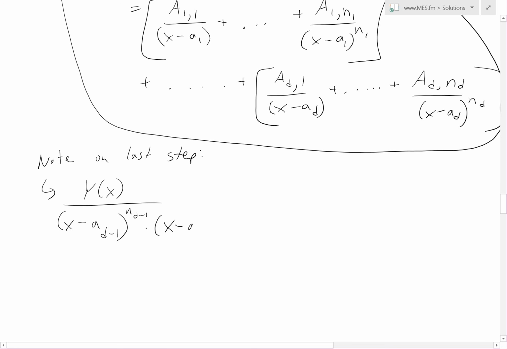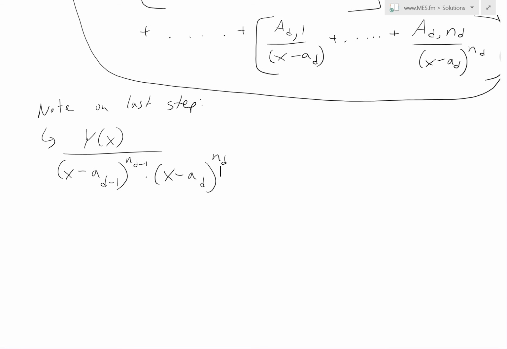So second last term, and then this is x minus a d and n d. Now it depends what we choose as the d of x. Let's say we let this equal d of x. Then this thing is what we expand out.